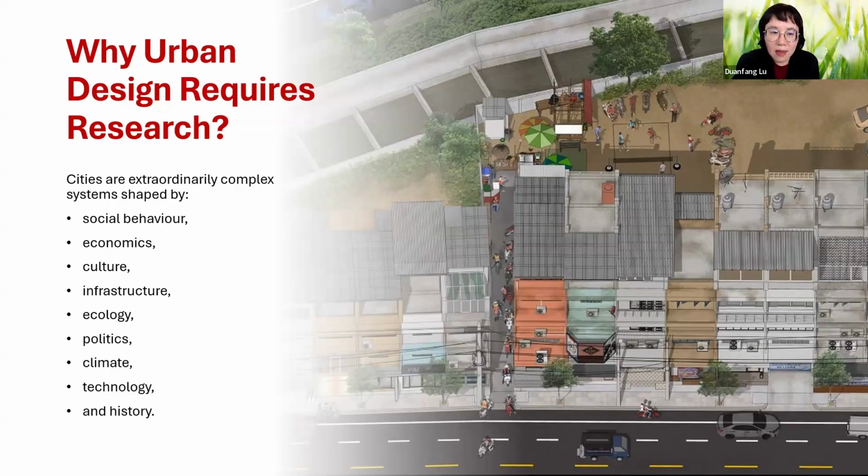But in urban design, we're dealing with cities, which are very complicated systems shaped by different elements such as social behavior, economic factors, cultural infrastructure, ecological systems, politics, climate, and technology, and of course, history and culture. So it's very important to do solid research before you come to the design propositions.